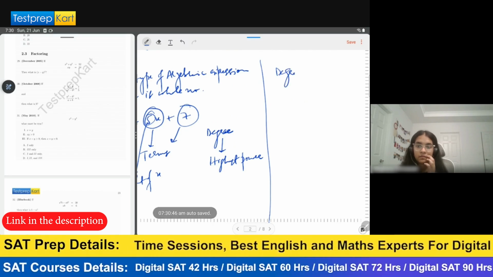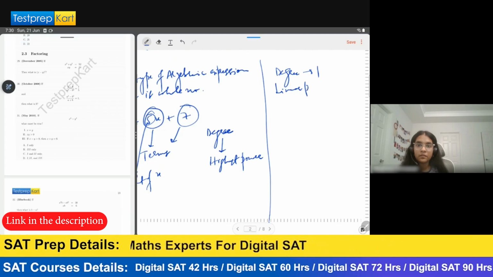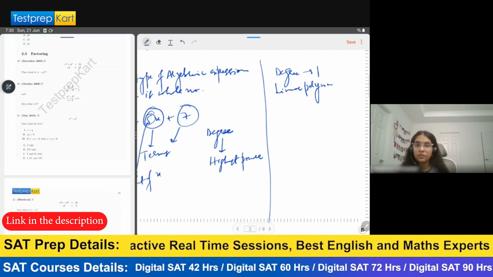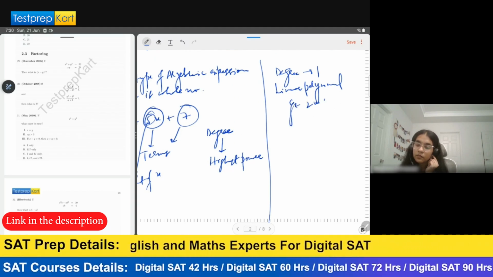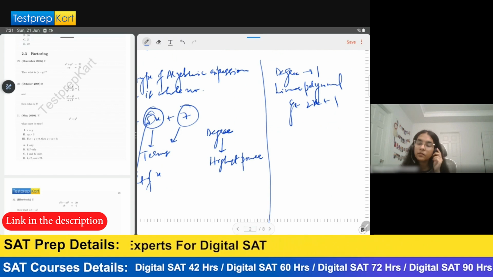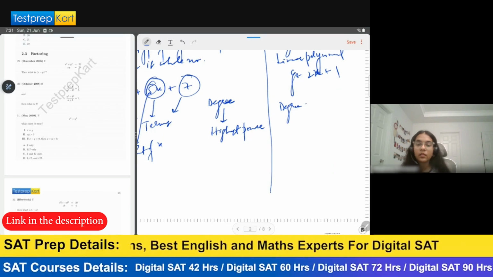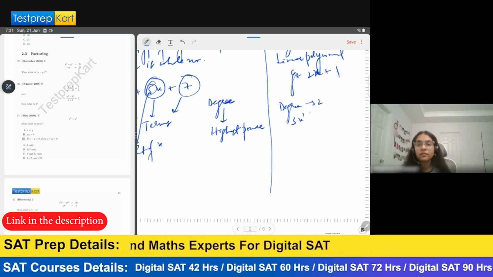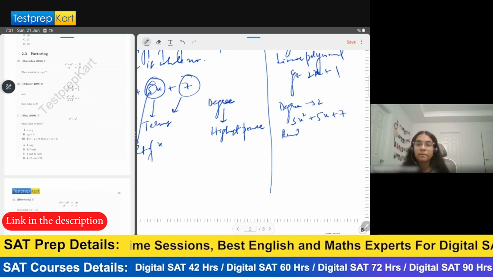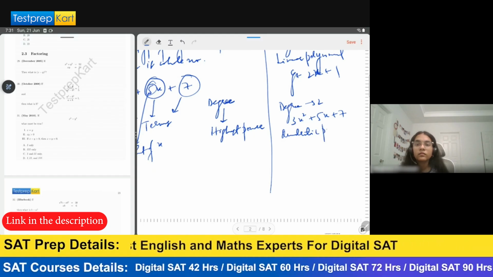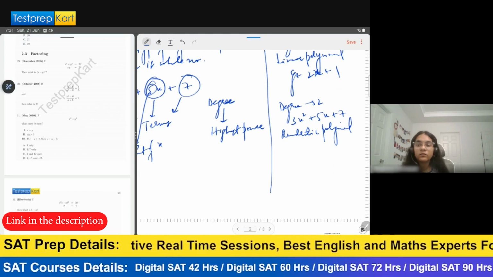If the degree is one, you call that a linear polynomial, for example 2x plus 1, right? If the degree is 2, like 3x squared plus 5x plus 7, you'll call that a quadratic, very well known, like what we know by quadratic equation, right? That is where a quadratic polynomial is used.